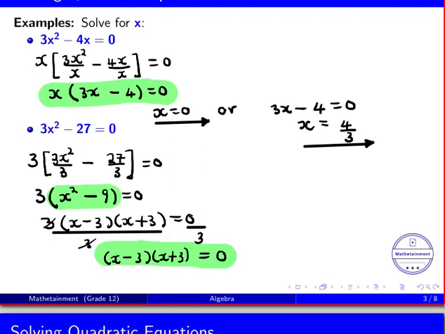Since that product is equal to 0, it means that either x minus 3 is equal to 0 or x plus 3 is equal to 0. It means at least one of the factors must be equal to 0. x minus 3 is equal to 0 implies that x is equal to 3, or x is equal to negative 3.